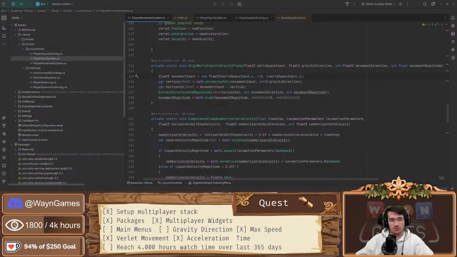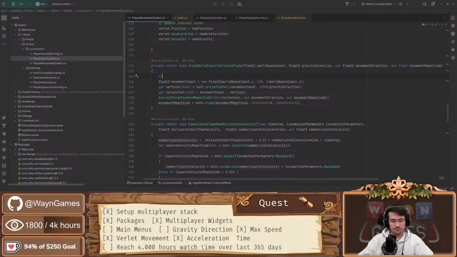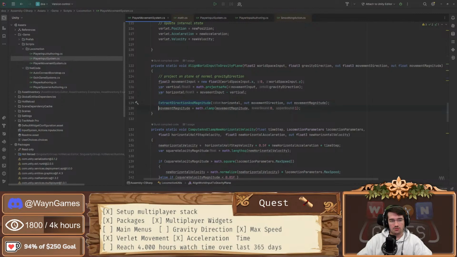That way I'm doing the reorientation. Project on plane of normal gravity direction, and then I'm extracting direction and magnitude. That's clear.